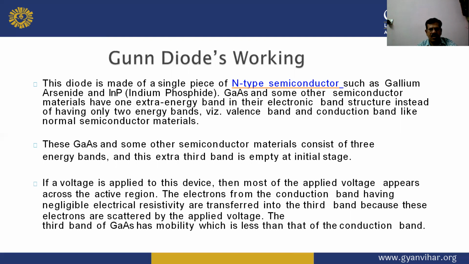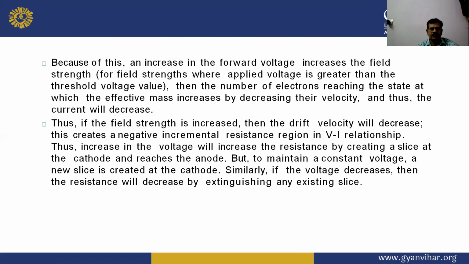The third band of gallium arsenide has a mobility less than that of the conduction band. Because of this, an increase in the forward voltage increases the field strength where the applied voltage is greater than the threshold voltage.